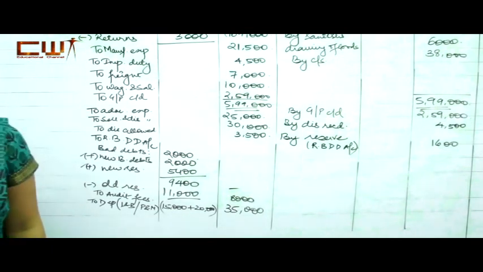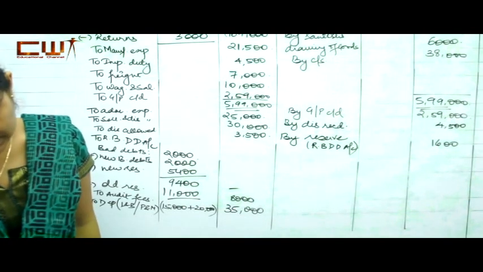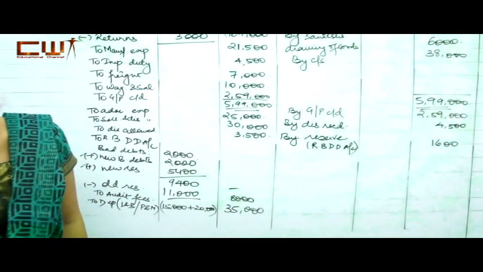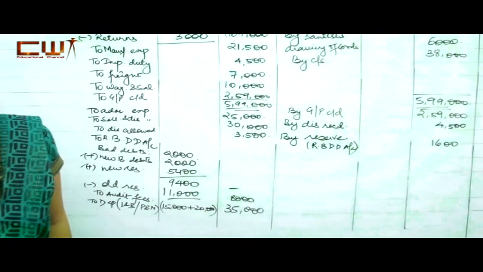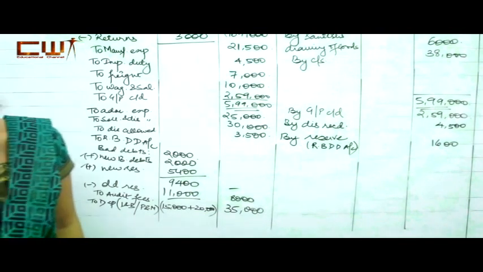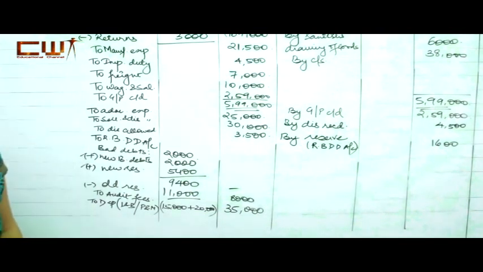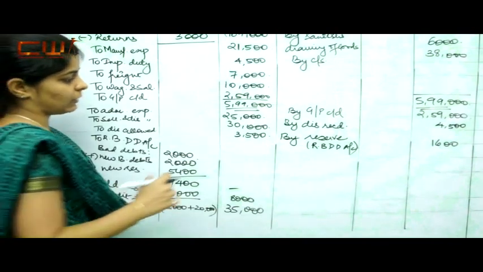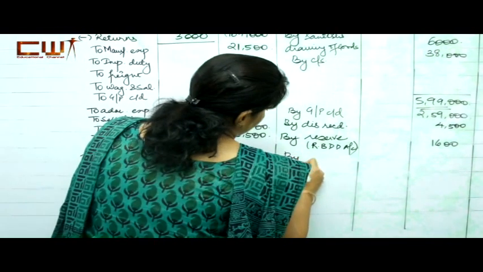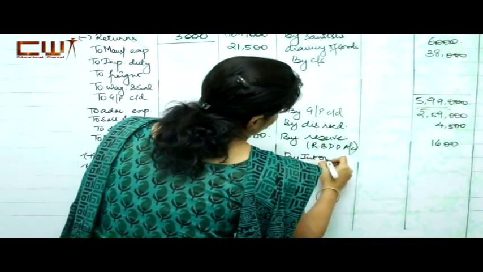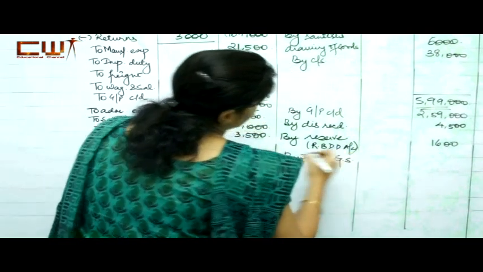Then you have the interest on the securities. See, they say 10% government securities purchased on 1st January 2010. So for January, February, March, 3 months you have to calculate the interest. By interest on government securities.